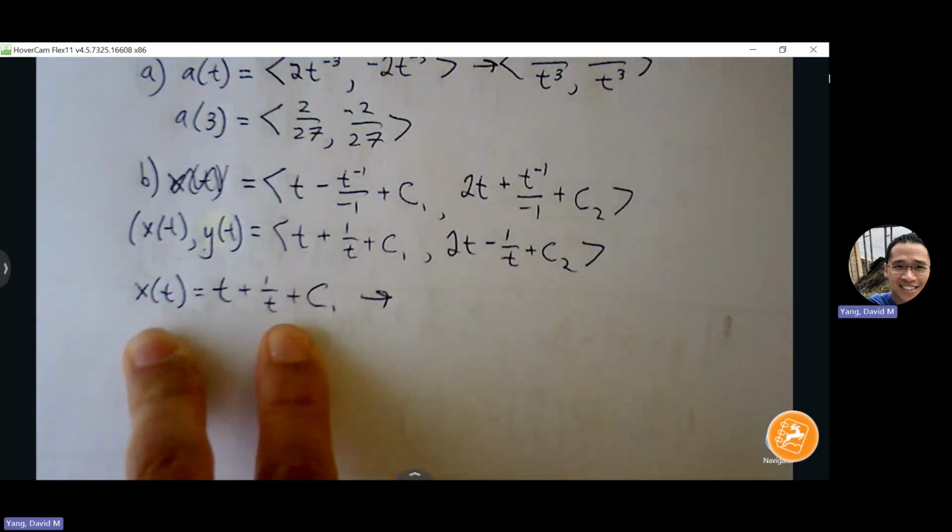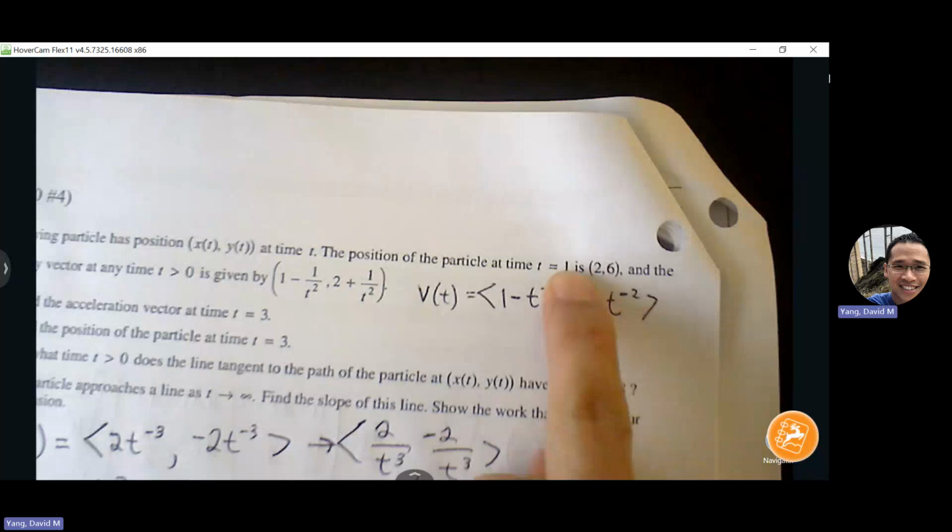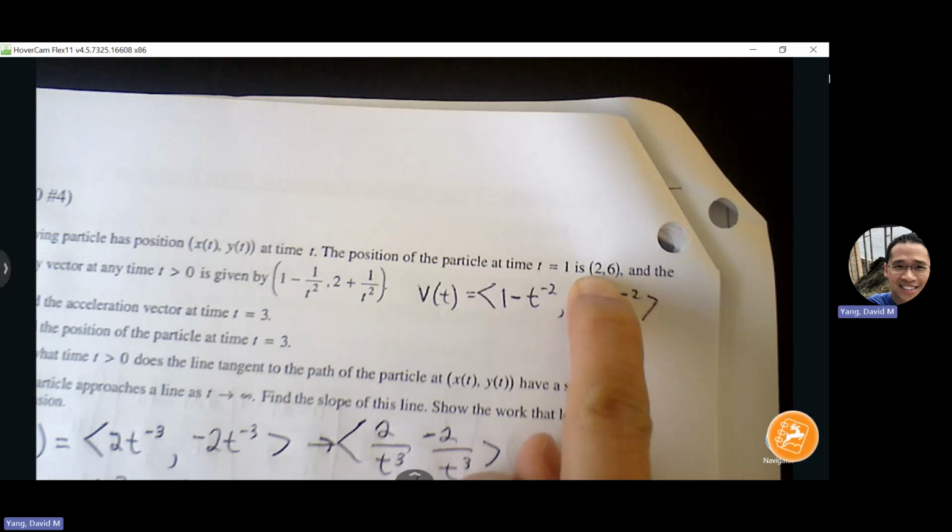So use the given information to help us solve for c. We know that when t equals 1, our x of t, x of 1, is equal to 2.